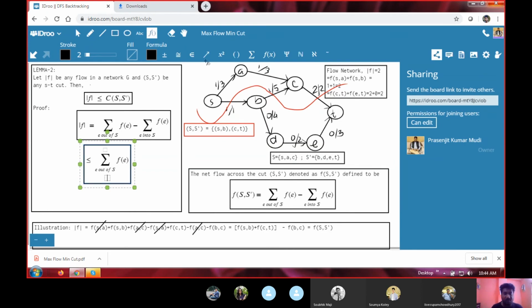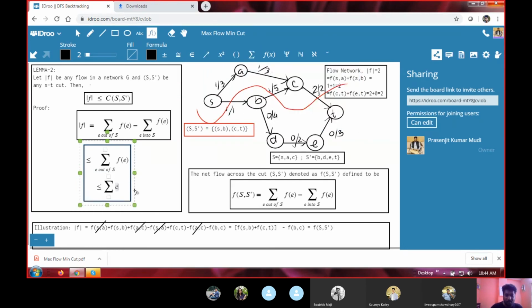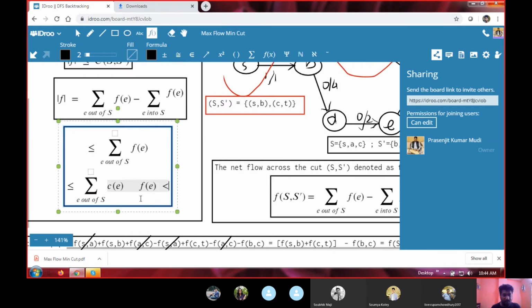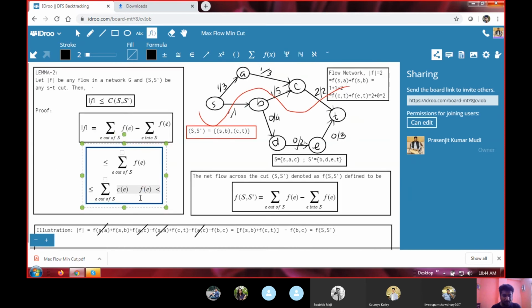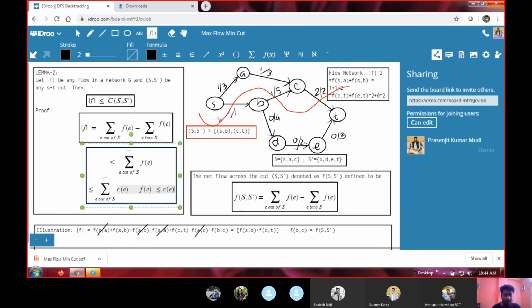Remember, that means the summation will also be less than or equal to the summation over C of those edges which are coming out of S. Okay, because we have the capacity rule: any flow of an edge is less than or equal to C of that edge. So this is the capacity rule.